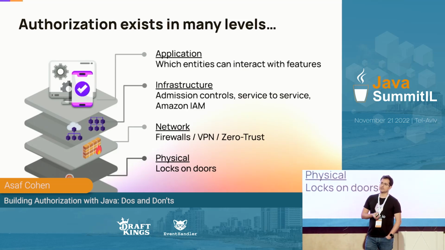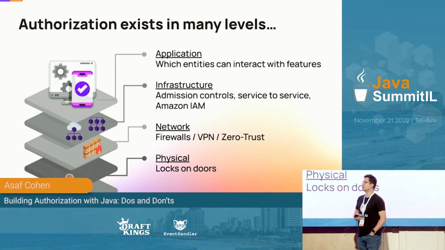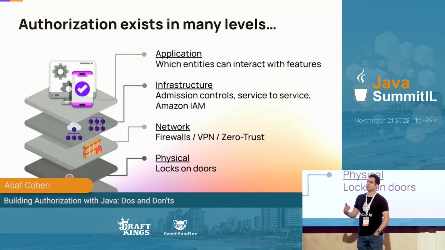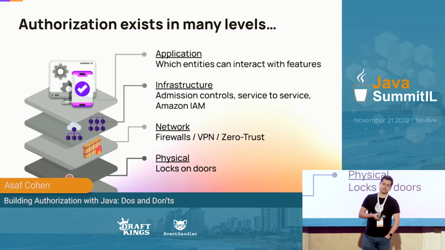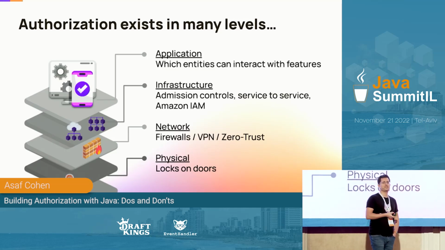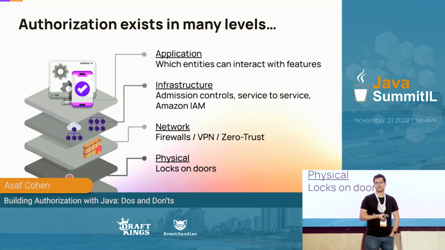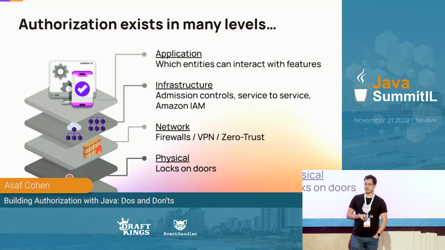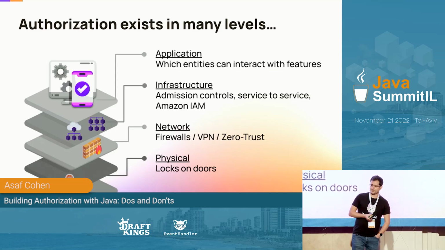A lot of the time you ask, is this container allowed to run? Is this deploy even safe? There are a lot of rules about what gets to be deployed and what not. For that, you have infrastructure level authorization. Most people know Amazon IAM or solutions like that, which are infrastructure level authorization.